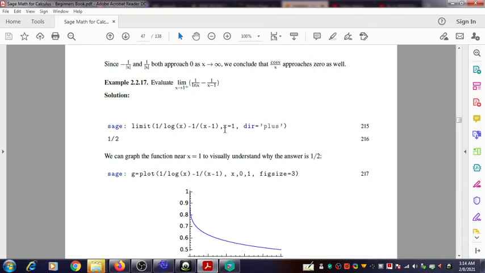After that you have to specify the direction, because we want the right limit, as is clear from the symbol x tends to 1 plus. So we want to evaluate the right hand side limit.